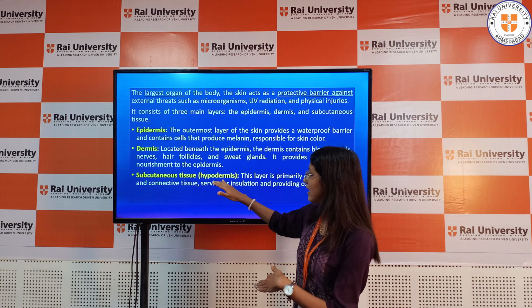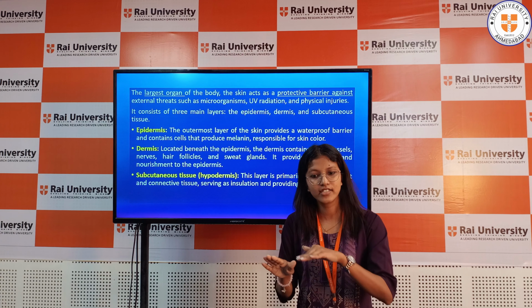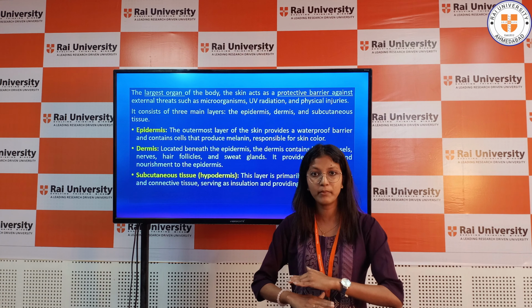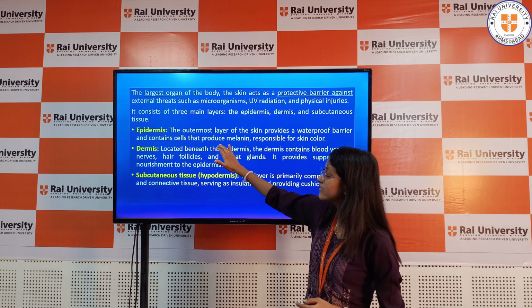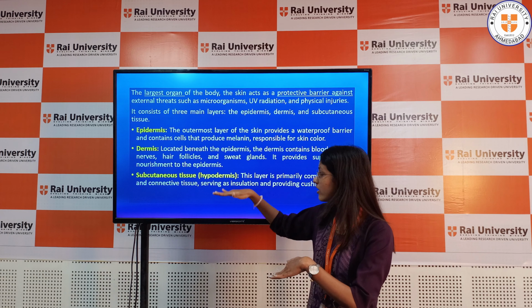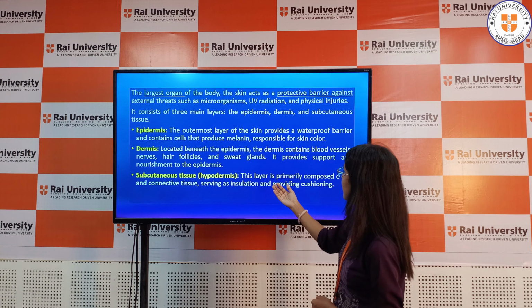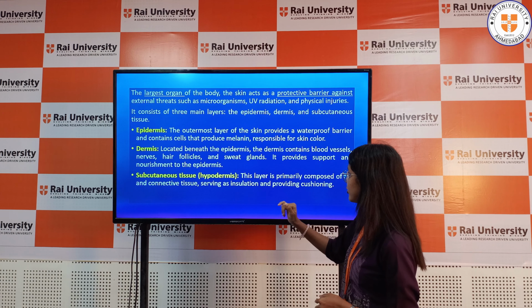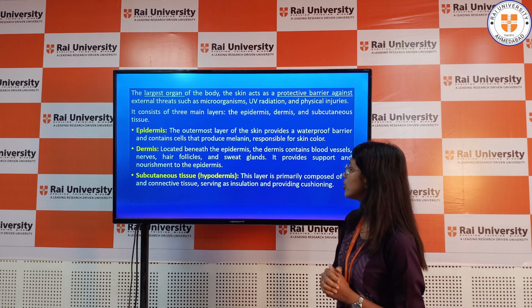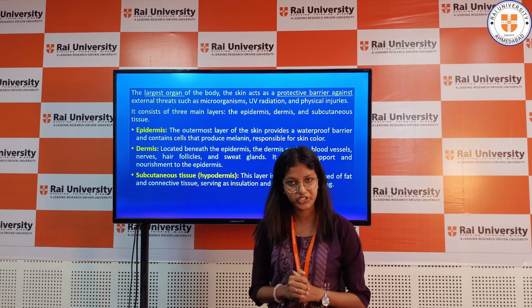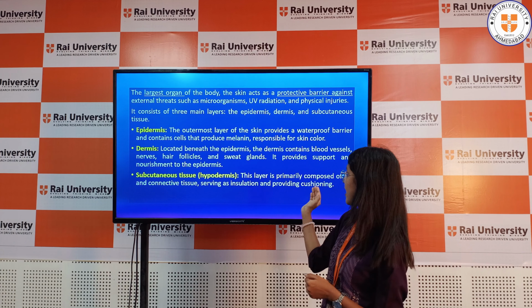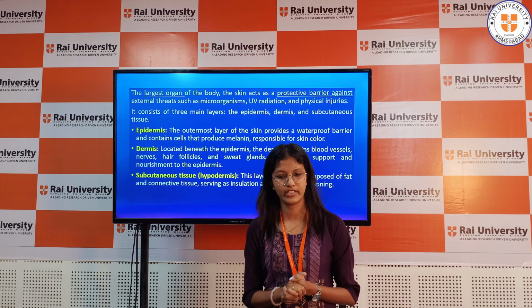Actually it is a skin layer, but we are considering mainly these two only. Subcutaneous tissue is primarily composed of fat and connective tissue, serving insulation and providing cushioning.